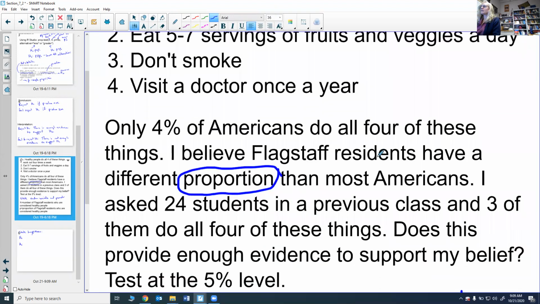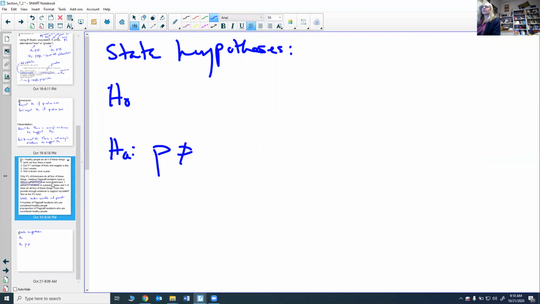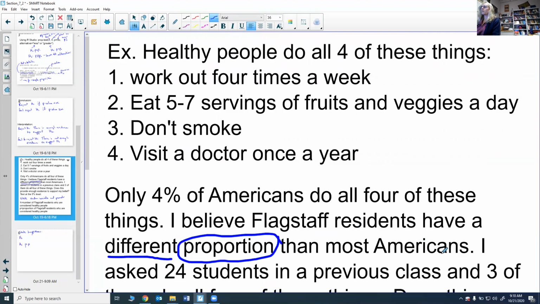I believe Flagstaff residents have a different, so I'm looking for that word, different. I didn't say greater than or less than, I just said different. So different would mean they're not the same. If they're not the same, then they're not equal. And I'm saying it's not equal to what most Americans are. And so then I go back to here to see what number it was that most Americans have.